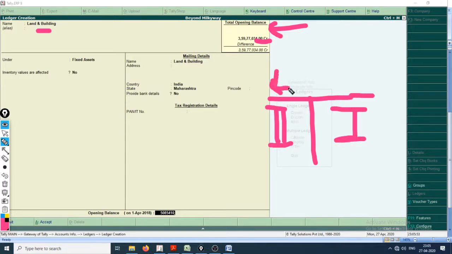This is the liability side and capital side. This is the asset side. Hence, as soon as you enter this amount, you see the magic. Right here it shows 50,85,410 debit. Enter, accept.